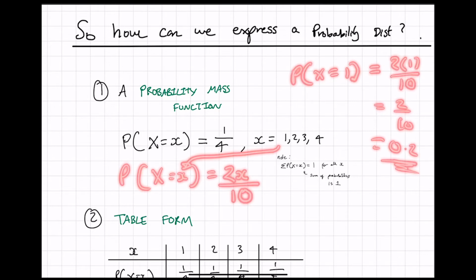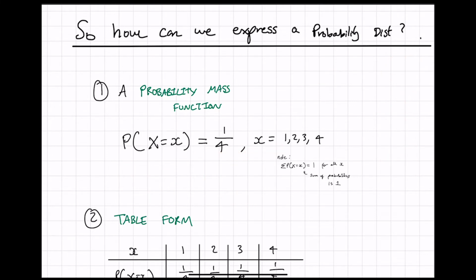So that's how you can use probability mass functions to find probability. You basically input these numbers in there to find it, and if there's an x here, then you replace that x over here as well. We'll look at some questions and how to do it. And just note that if you sum up all these probabilities, they should add up to 1, since the rule is that probabilities always add up to 1.